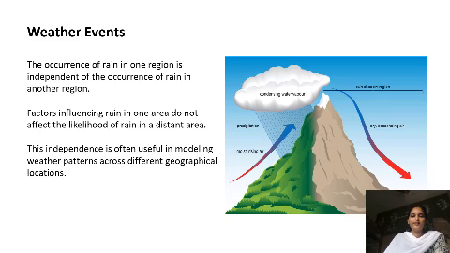This independence is often useful in modeling weather patterns in different geographical locations. This is the picture of weather events, showing moisture, precipitation, water vapor, the rain shadow region and dry descending air.